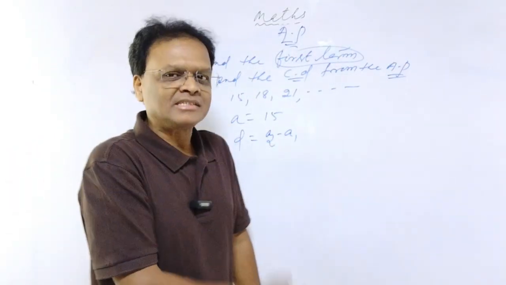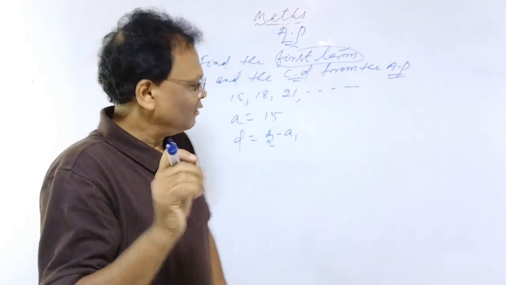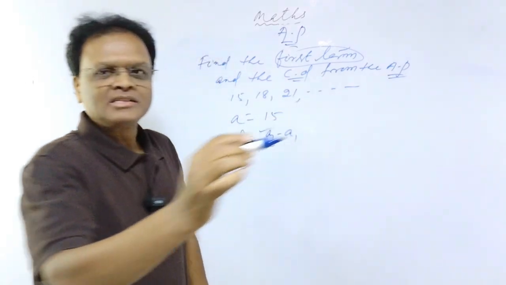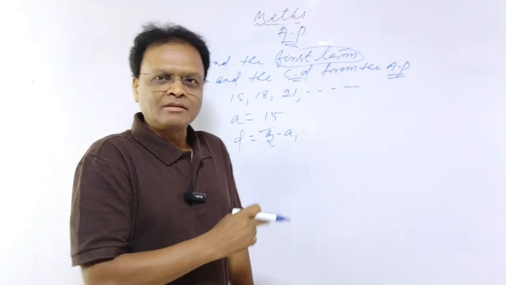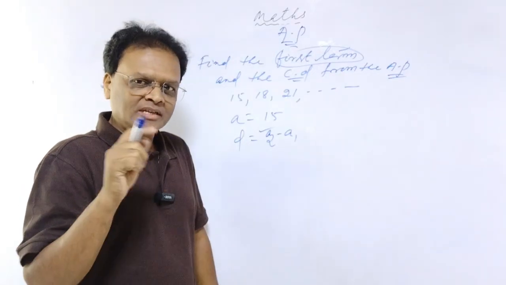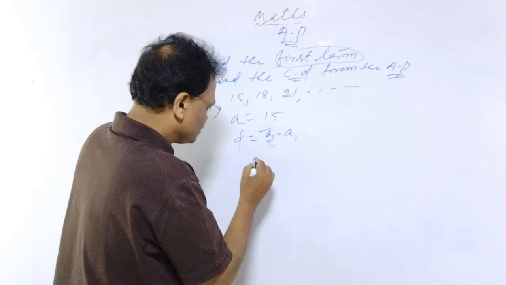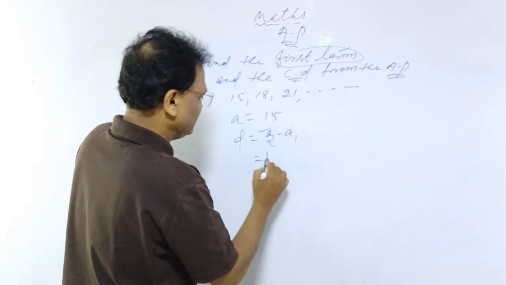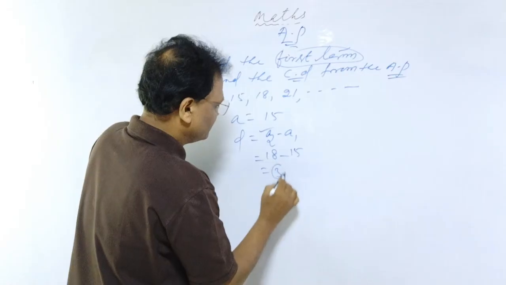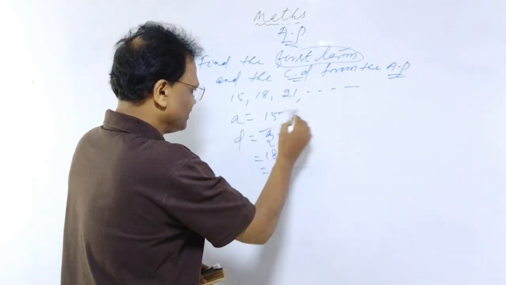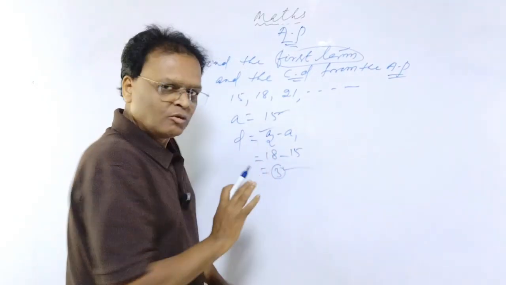So for D, only use A2 minus A1. What is your A2? My A2 is 18 and my A1 is 15. Very simple, the answer is 3. The first term is 15, the common difference is 3.